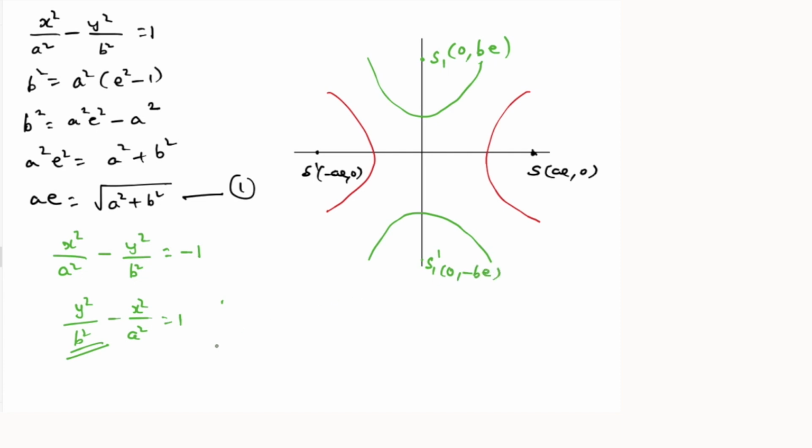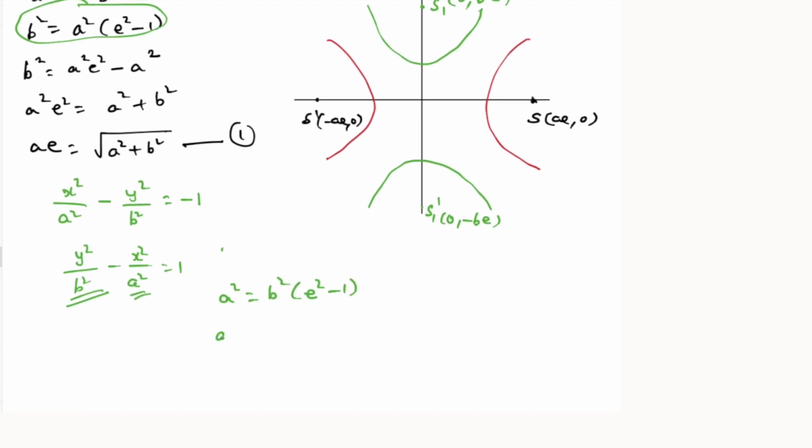And here instead of b square, you have a square. So write a square equal to b square into e square minus 1. Expand it: a square equal to b square e square minus b square. So b square e square is a square plus b square, so BE is root of a square plus b square.